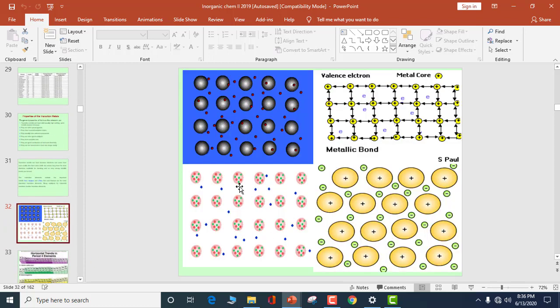If you see in the metallic bond, there are electrons surrounding each of the central nuclei. For example, this is the nucleus of one atom, this is the nucleus of another, and so on. This is one demonstration, this is another demonstration, and the smaller particles which you see here are the electrons.